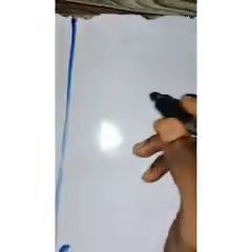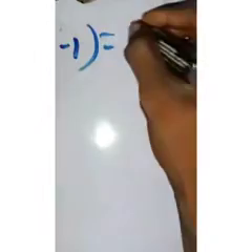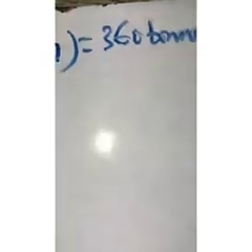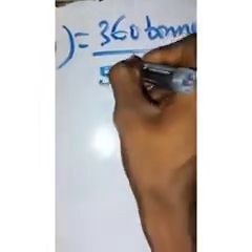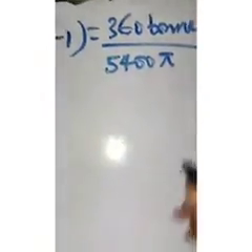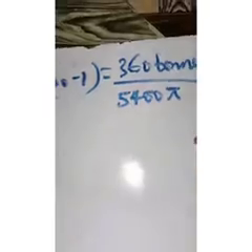Then to get my d naught, I can divide both sides by 5,400 pi, so you have d naught minus 1 equals 360 tons over 5,400 pi. And you remember that this is in kg.